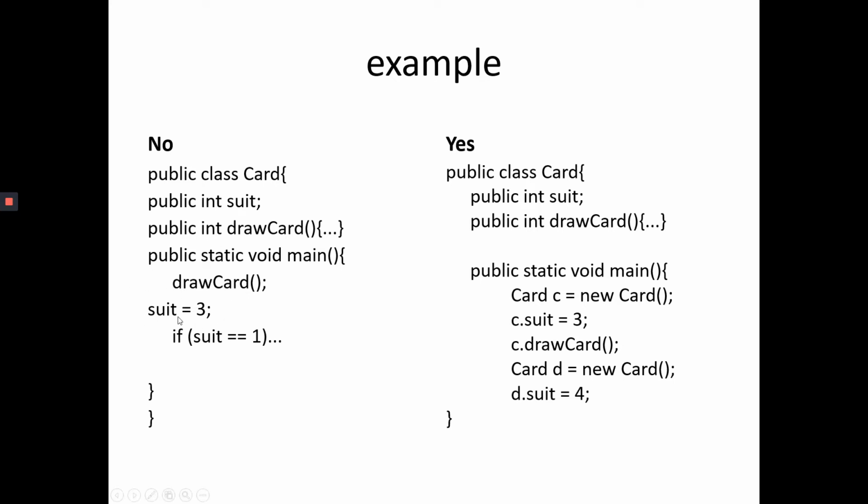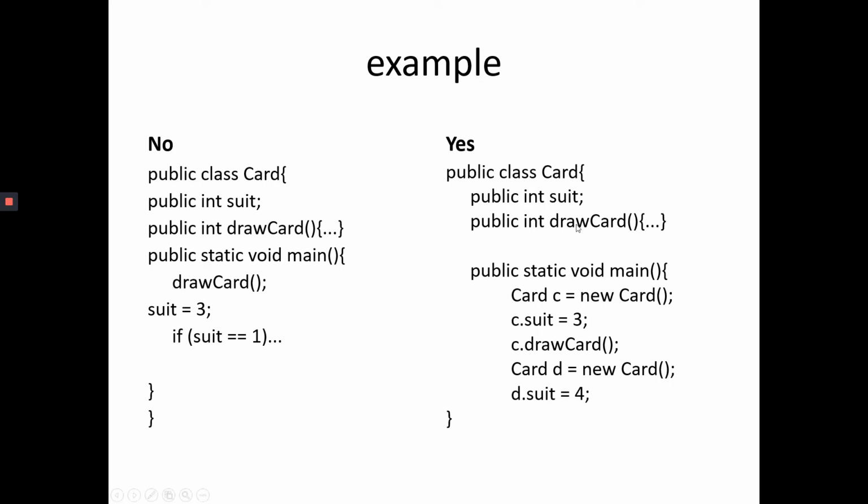You also can't access the suit because you're in a method that has nothing to do with the class. It's static, and so it can't directly access information like suit or methods like drawCard. The only way to do that, as you can see on the right side, is to access it through an instance.